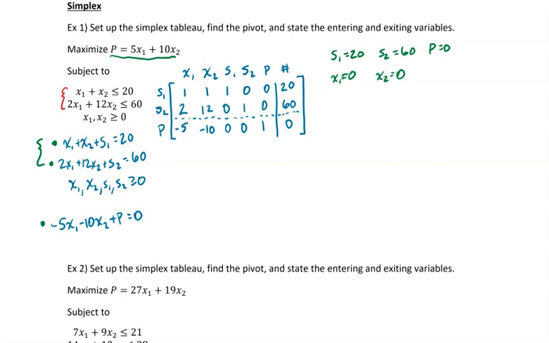We're going to take one of those variables out and replace it with a different variable from the top. For example, we might end up replacing S1 with X2. We might swap those out. Whenever a variable exits the left side, we call that the exiting variable. When a variable enters, we call that the entering variable.